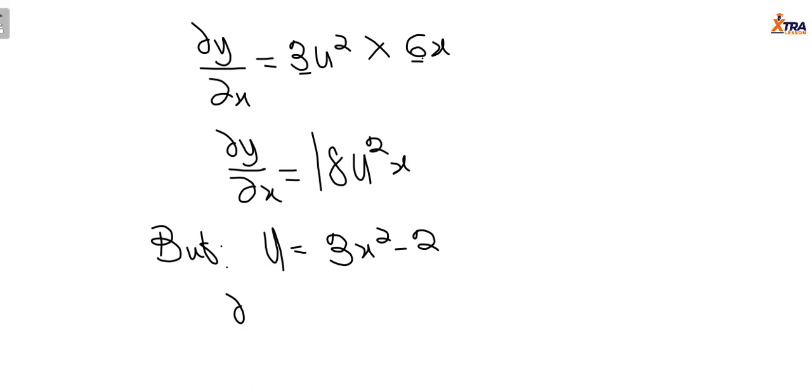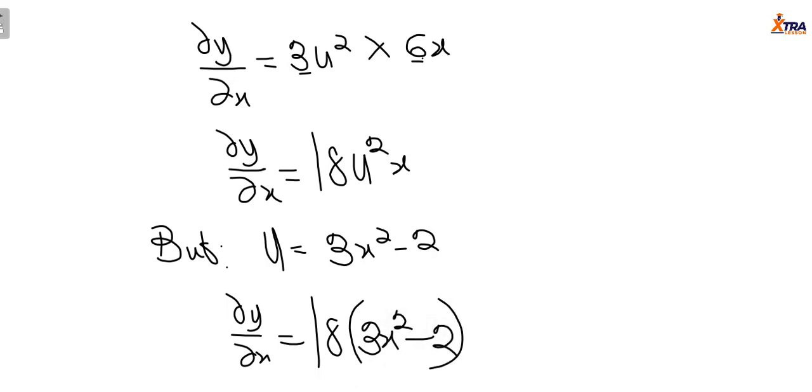Into this, dy over dx now equals 18. u is what? 3x² − 2 to a power of 2. This is u, raised to power 2, and we have x.